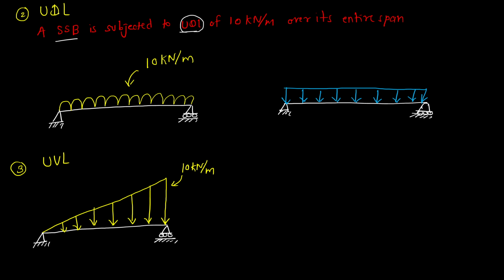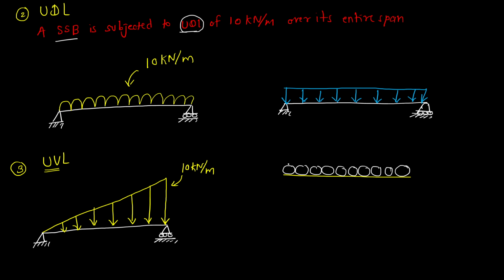Now there is a difference between UDL and UVL. What is the full form of UDL? It is uniformly distributed load. The distribution is uniform, but in UVL the distribution is varying. To understand this, let's take an example of a beam. On this beam, imagine cement bags distributed like this: 1, 2, 3, 4, 5, 6, 7, up to 10.